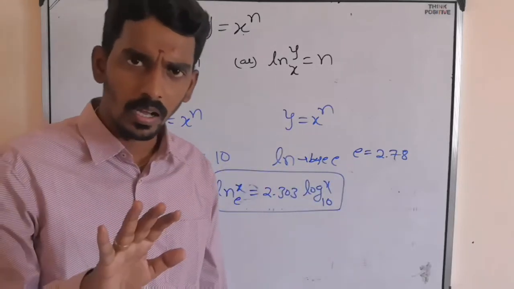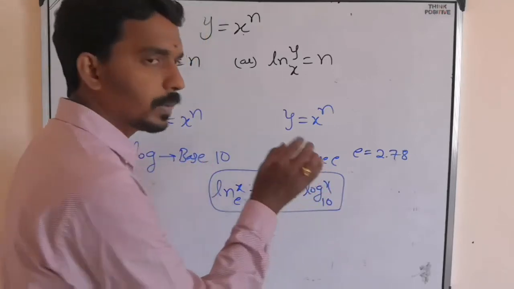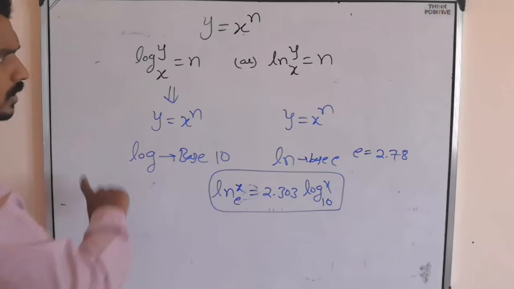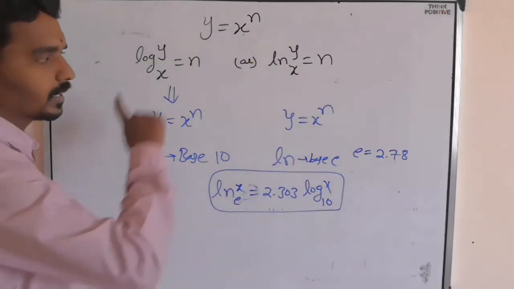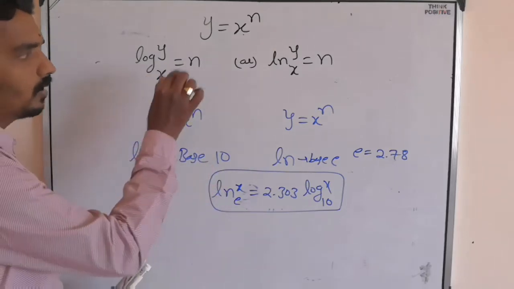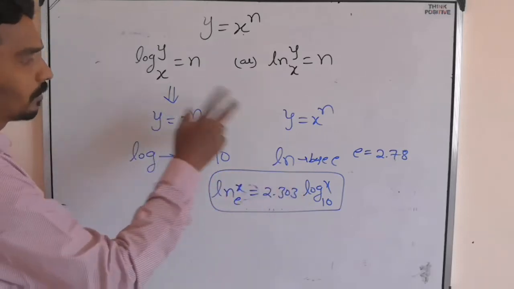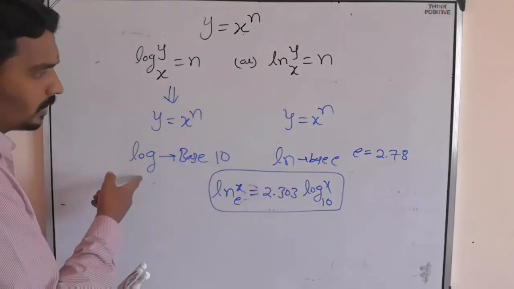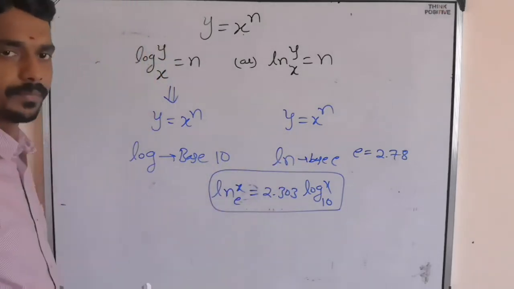All the values given in the logarithmic table are with respect to base 10. So this is the first thing you should remember in physics calculations regarding logarithms: ln, log, and the relation and difference. Here base 10, here base e, and the relation between them.